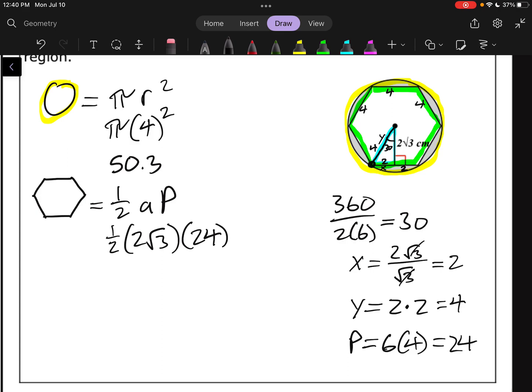So to find the area of the hexagon, I'm going to do 1/2 times 2 root 3 times 24, and I'm going to get 41.6.